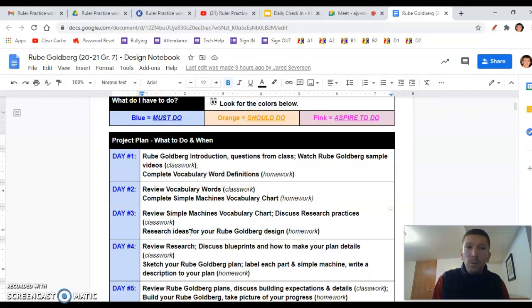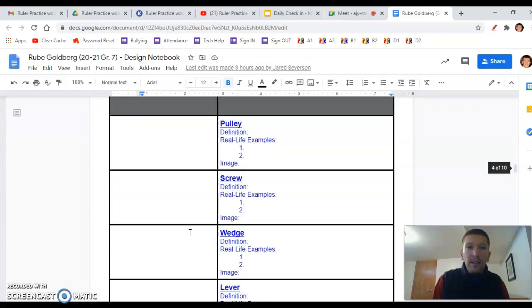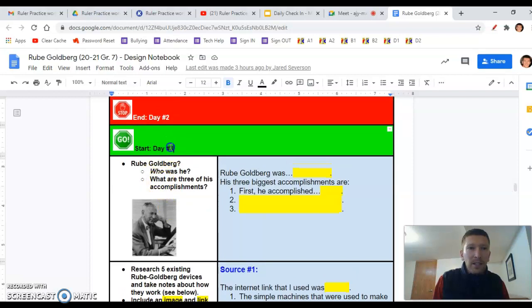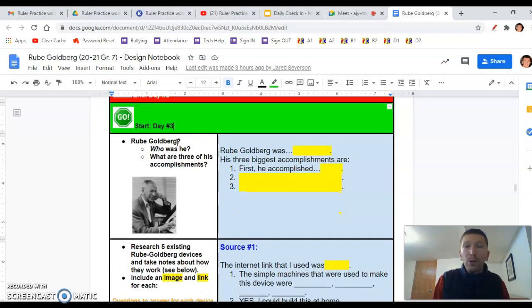In your design notebook, scroll down until you see that green Start Day 3 section, and we're going to work here. The first part is just looking up about Rube Goldberg. He was a person, and most of us know Rube Goldberg as the project, or just a way to connect things from start to finish and accomplish a task, but he was the one who started it.